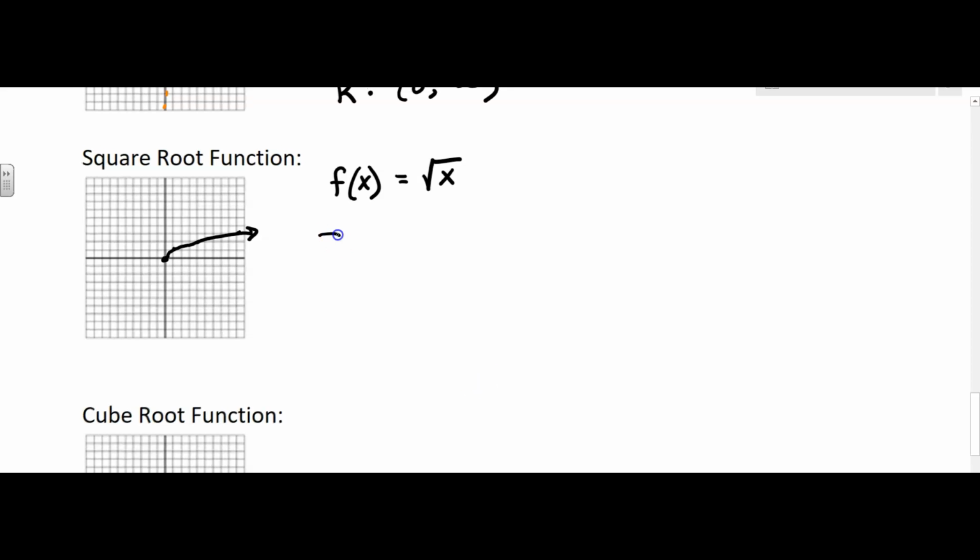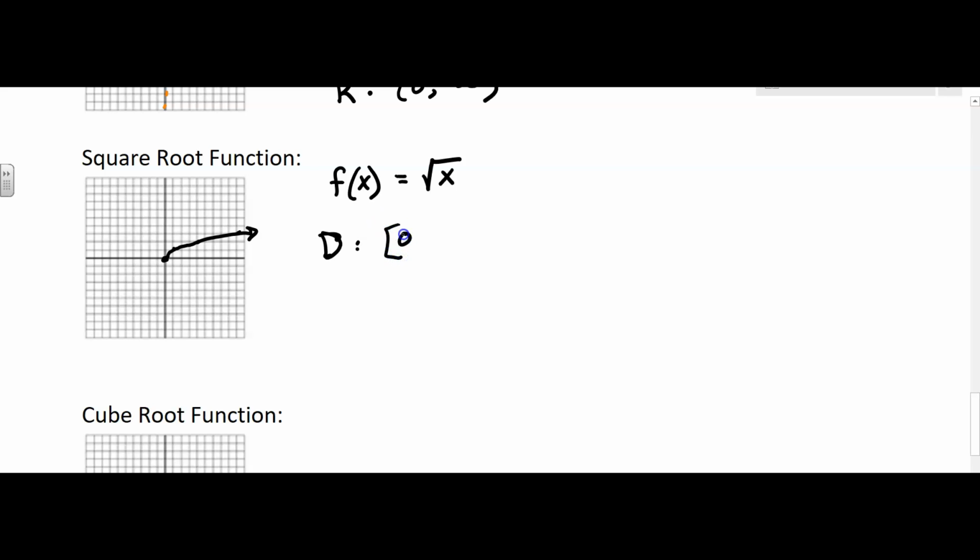All right. The square root function. So remember that one has a starting point. It goes off like that. And so the function is f of x equals the square root of x. And the domain is going to be, so here's where we have to be careful with taking the square root of a negative number, but we can have it be 0.